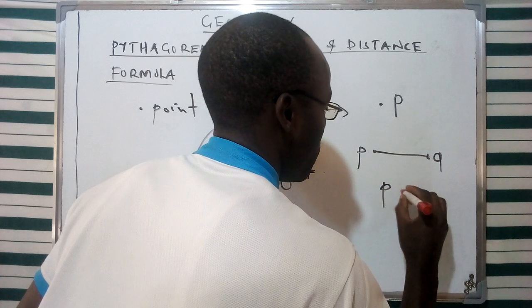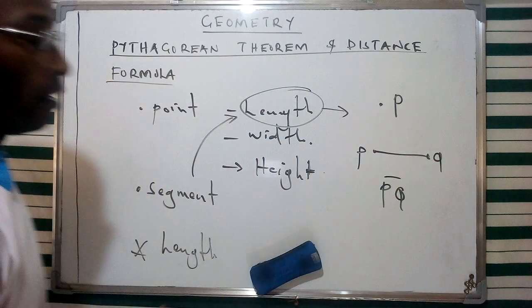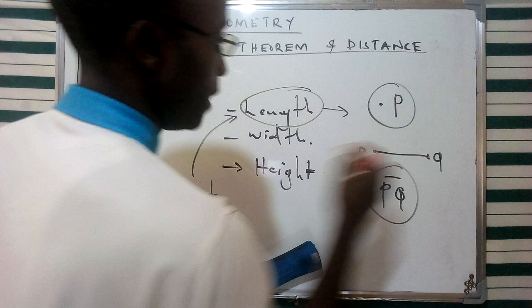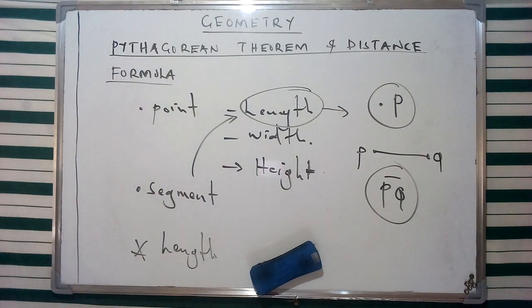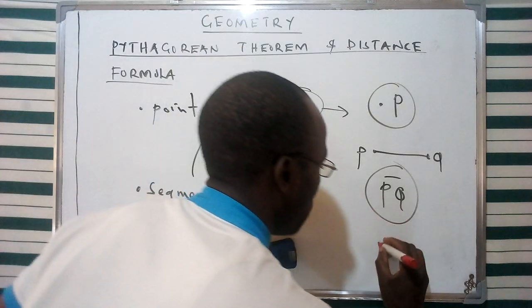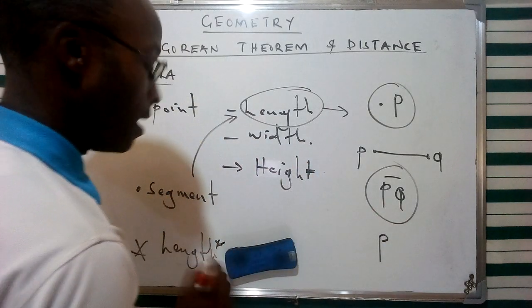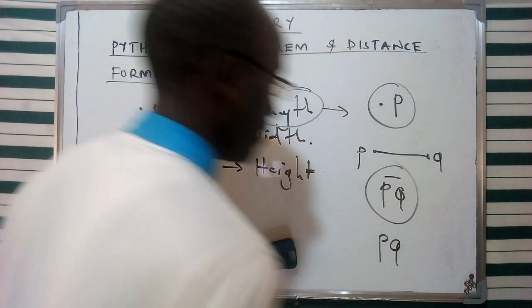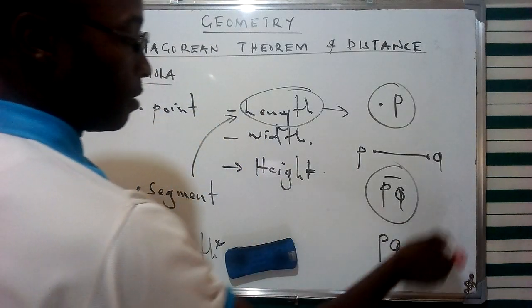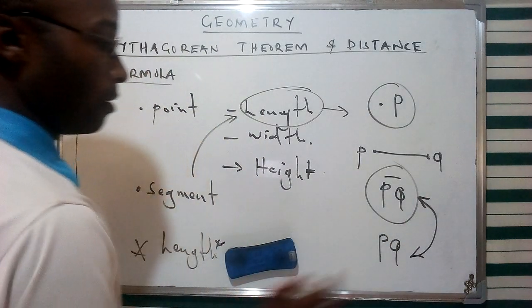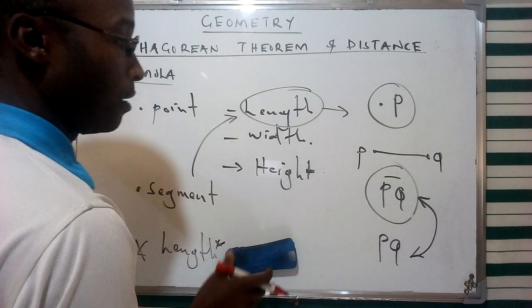The denotation for a line segment can be given as such using PQ. And the length, we can describe using PQ given as such. So we can see the difference between the description of the line segment and the length.